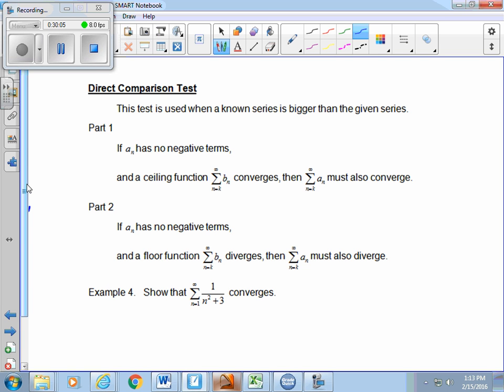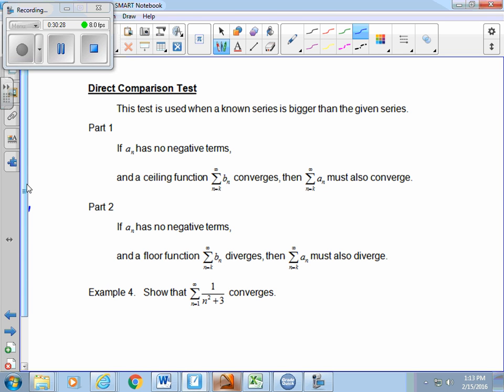This is called the direct comparison test. And it has to be... You said it has to be smaller all the time. Yes. A ceiling function would be one that's, think about a ceiling in a building, it's always above, and a floor in a building, it's always below.